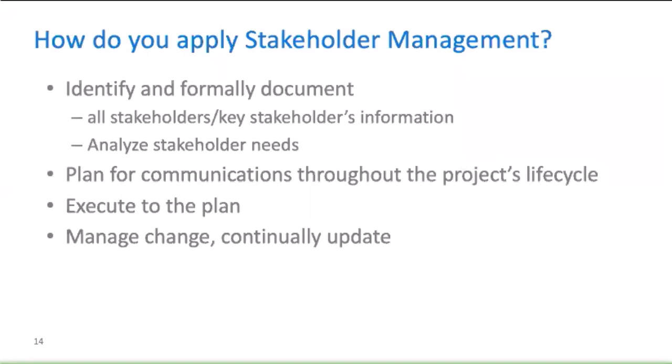A lot of project managers stop at division level. They'll say, well, human resources is a key stakeholder because they need to provide resources. That is not going to be sufficient for you to know what that key stakeholder's communication needs are, or how to interact with that entity.